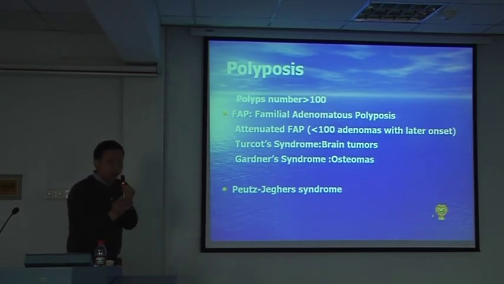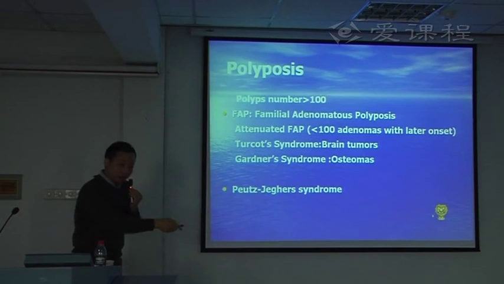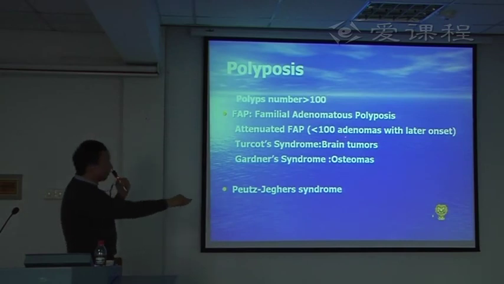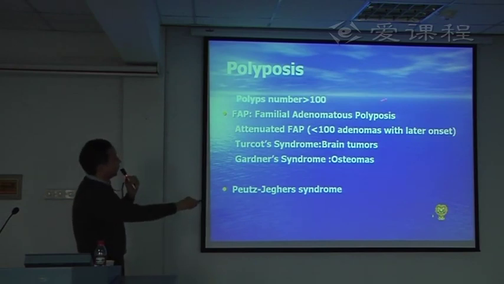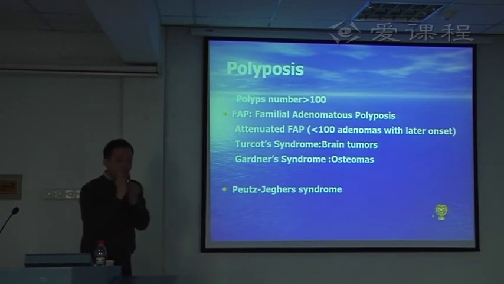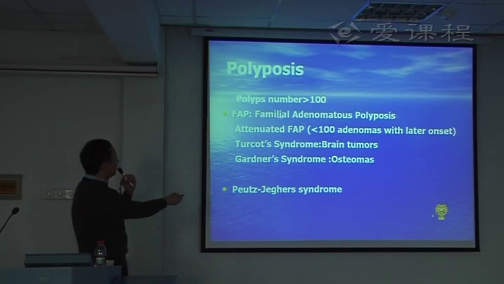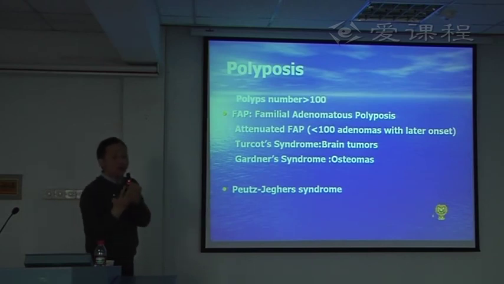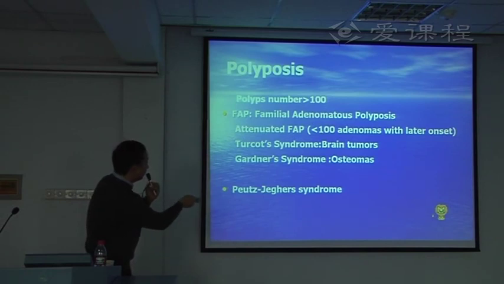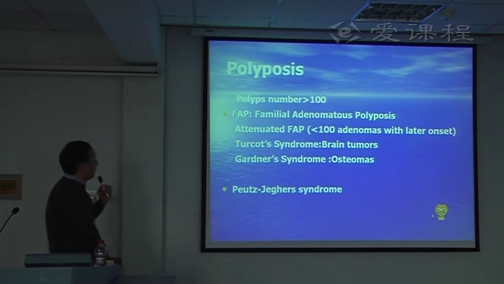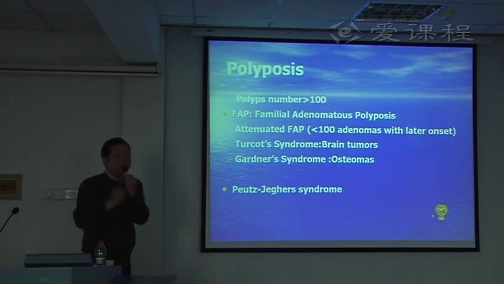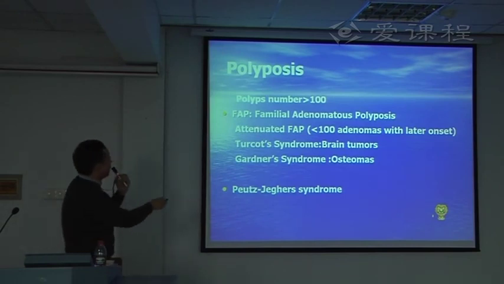The polyps are adenomatous, a lot of them. So from the name, we know a lot of things: familial, adenomatous, and polyposis. And there are 3 subtypes. Not all FAP is the same.